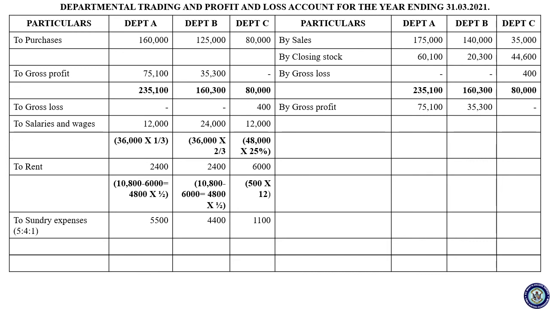The sales ratio we already calculated, that is 5:4:1. So 11,000 into 5 by 10 is for department A. Next, 11,000 into 4 by 10 is for department B. And 11,000 into 1 by 10 is for department C.